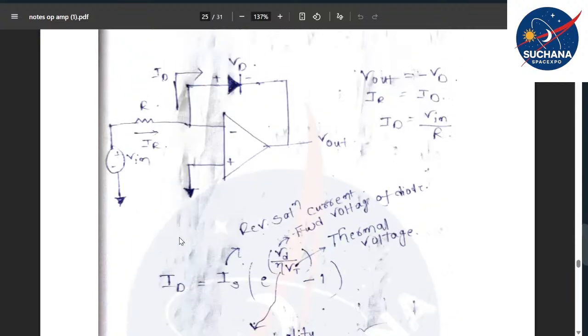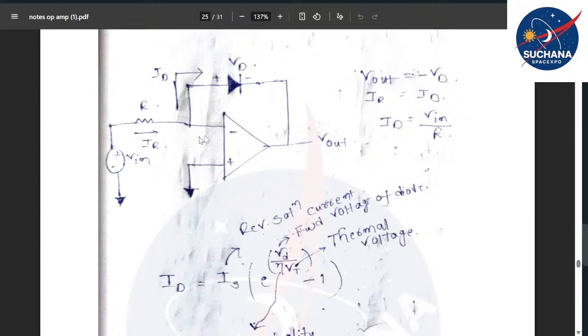See, in the previous case, in case of the integrator, we wrote IN is equal to IC. That is the first condition we wrote, because ideally the op-amp draws zero current, owing to the high impedance at the inverting and non-inverting terminals.